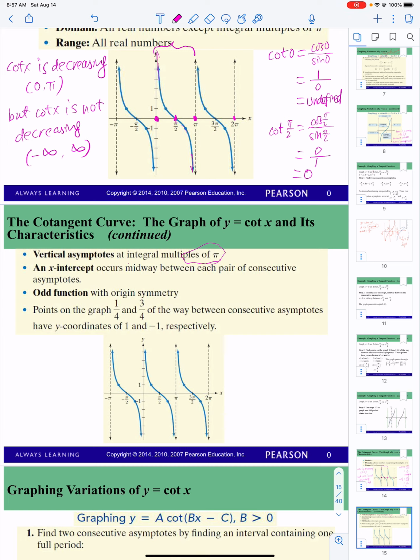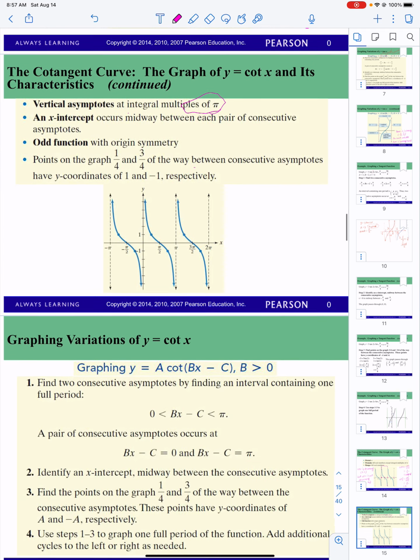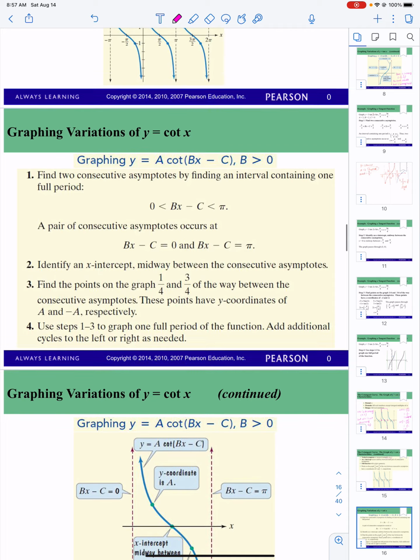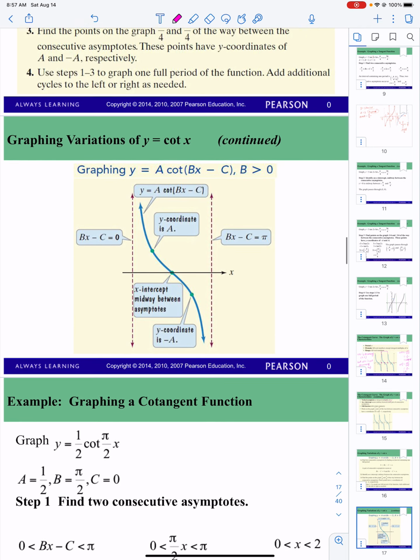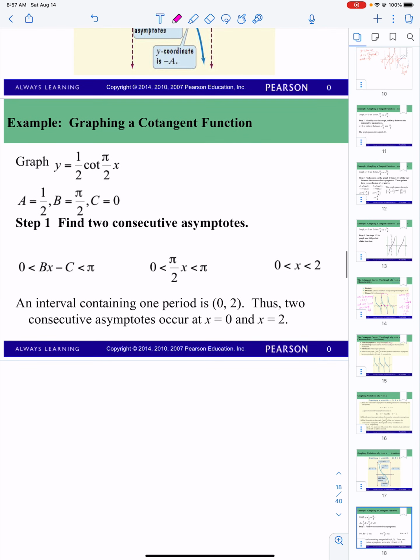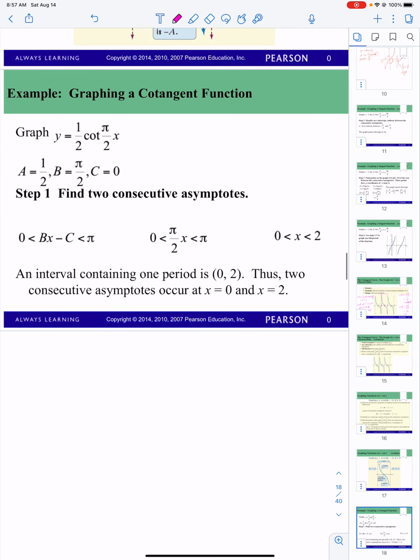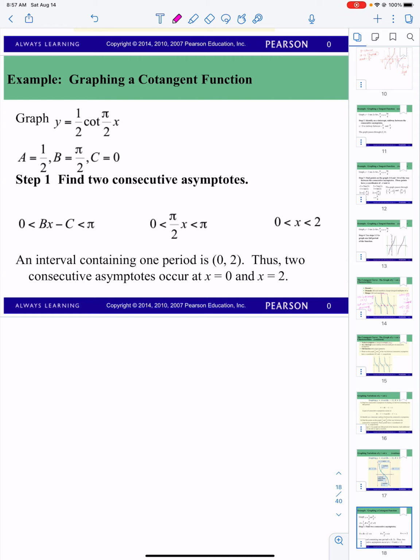And it is also an odd function. And similarly, we will do cotangent of bx minus c. So all these things, we will do the same thing here.